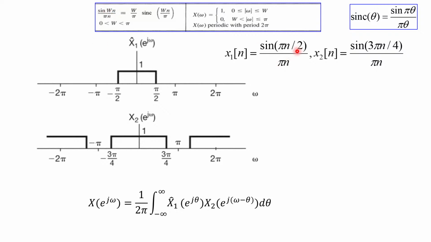And you compare that using ω1 equal to π/2 and ω2 equal to 3π/4. Okay. So big X1 will be a low pass filter with the width plus minus π/2, and X2 is this filter with width plus minus 3π/4.